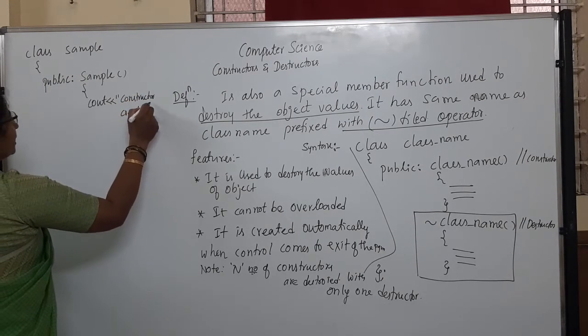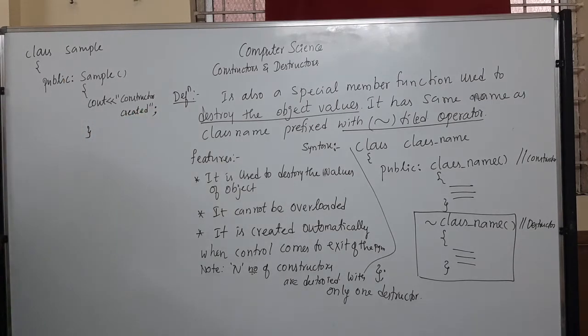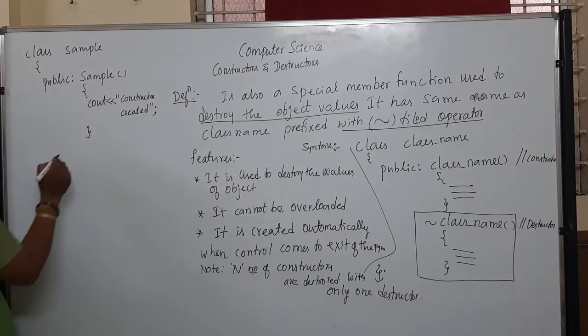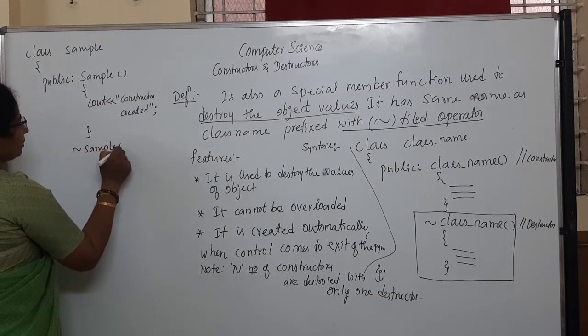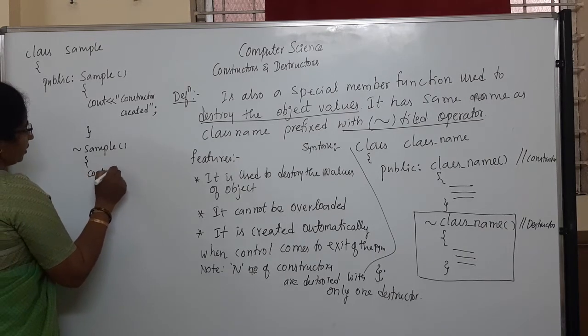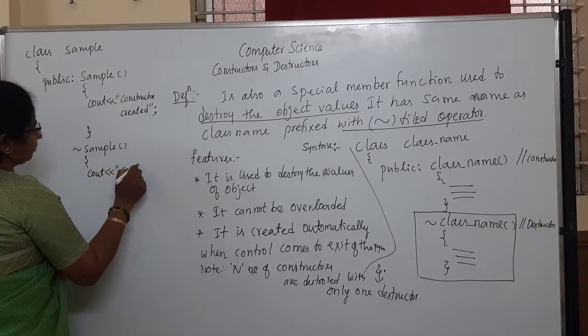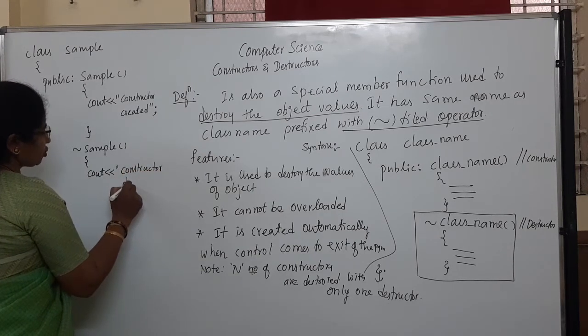When the object is created, automatically the constructor will be executed first, and we are writing here the destructor, cout constructor destroyed.